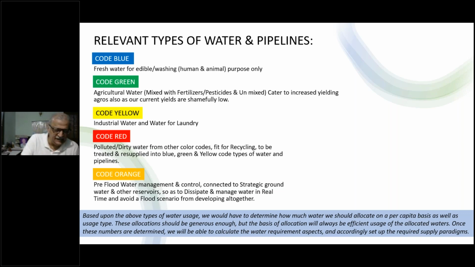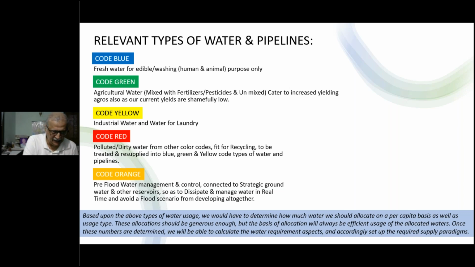And before I mention the other code colors, note that all these pipelines will be maximum 2 feet diameter plastic pipes. We need to use the installed capacities of petroleum and use them in plastic pipes to set up this grid, you see.